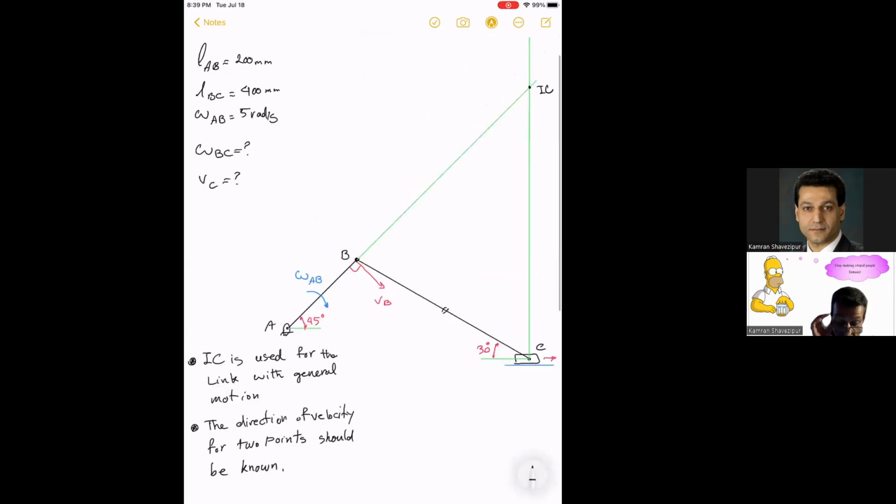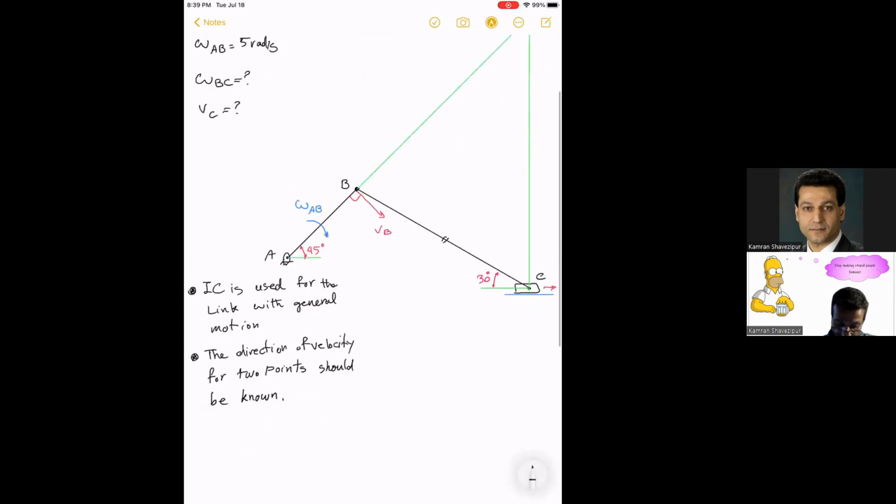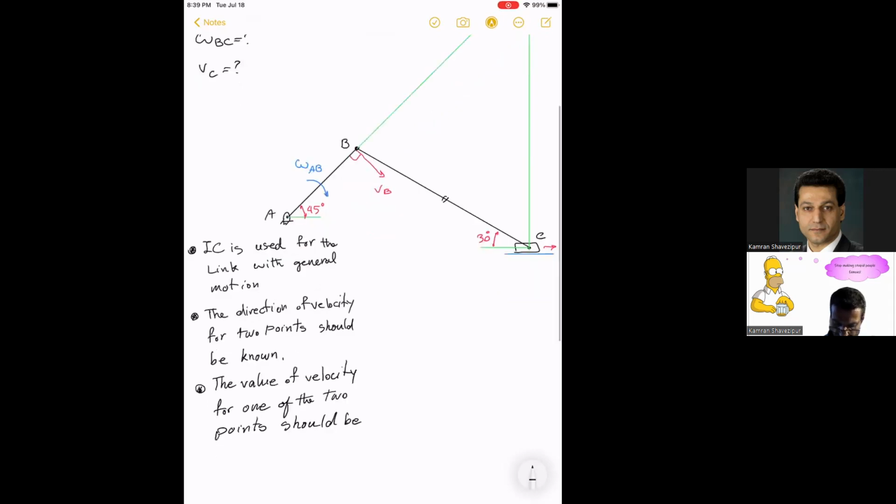Now, before we go to the geometry, the next point is the value of velocity for one of the 2 points should be known. Otherwise, you cannot solve it.